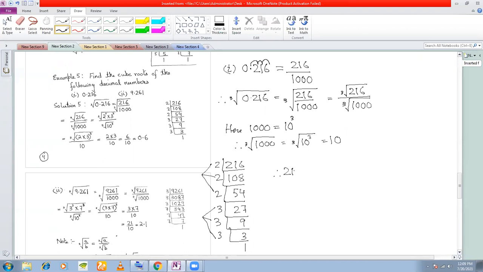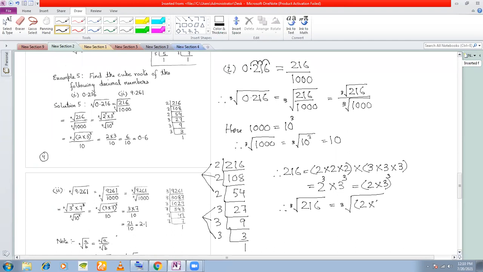Therefore, 216 is equal to first triplet of 2 and a second triplet of 3, which is equal to 2 cube into 3 cube. So therefore, cube root of 216 is equal to cube root of 2 into 3 whole cube, which is equal to 2 into 3 simply, which is equal to 6.